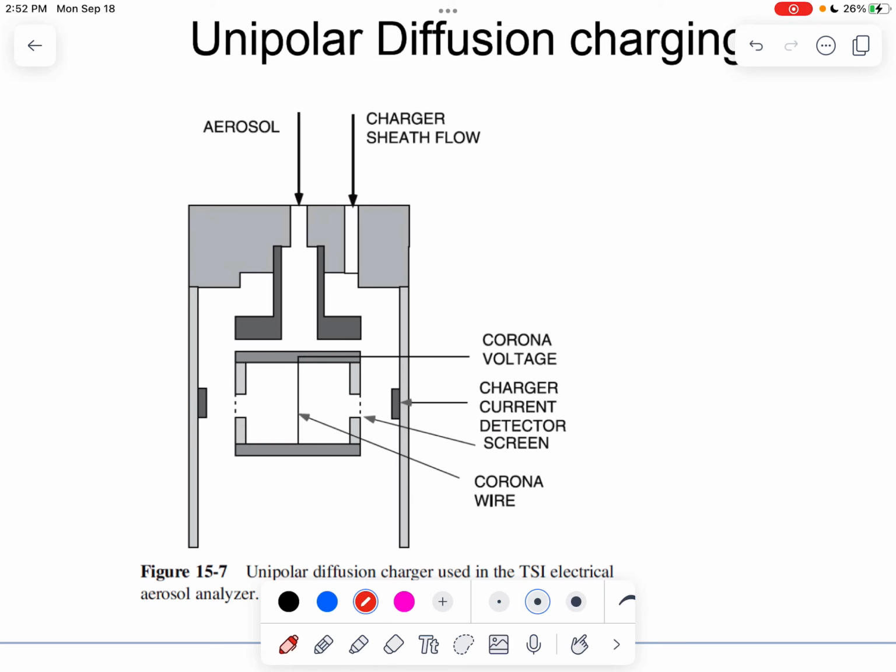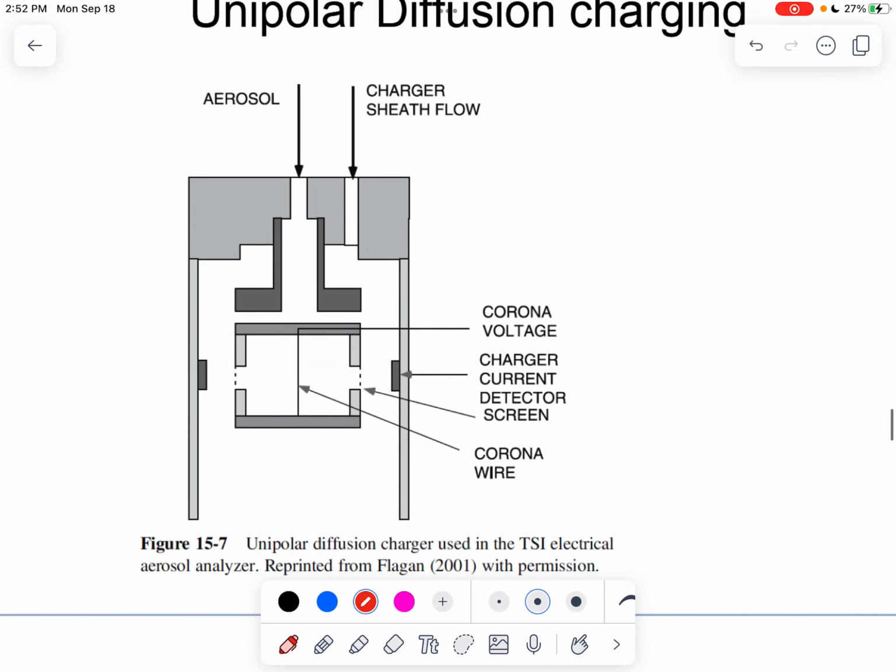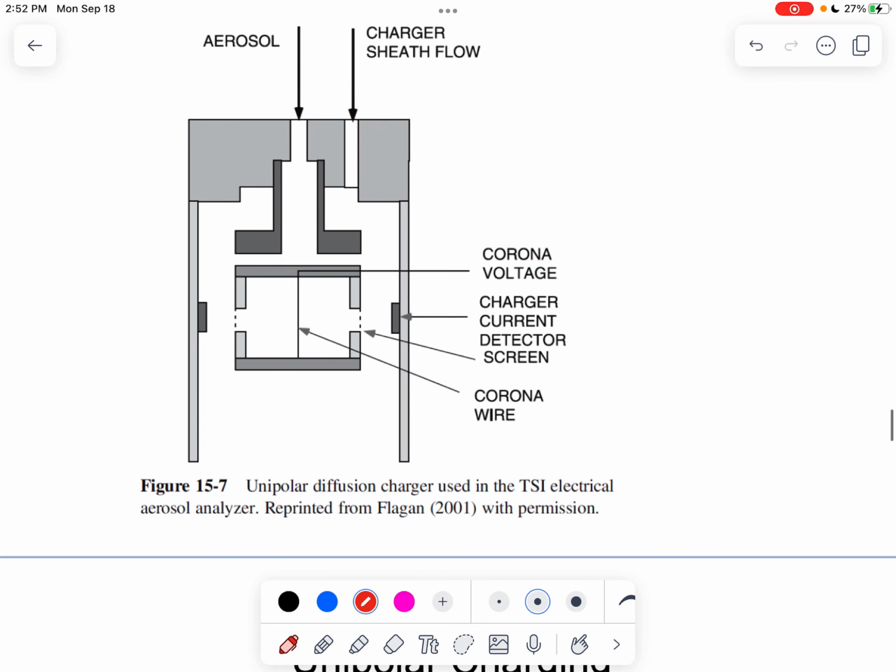And also this charging process is dependent on the ion source properties and also the residence time of the particles in the system. So here is a simple diagram of the unipolar charging system. What it uses is a corona wire that's under a high voltage.